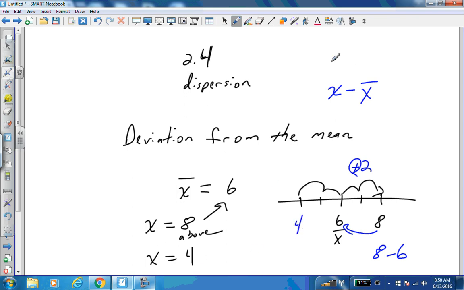If we take our data value of 4 minus the mean 6, we get a negative 2. 2 again tells us how far, but the minus tells us that 4 is below the mean. So it is important to know what those signs mean. The positive means we're more than the mean. Negative means we're less than the mean.